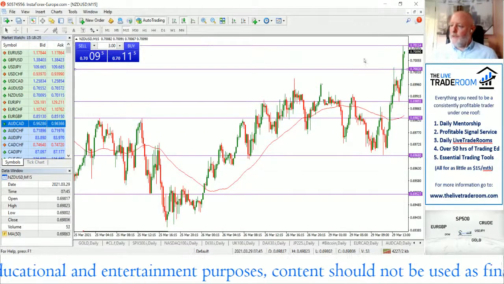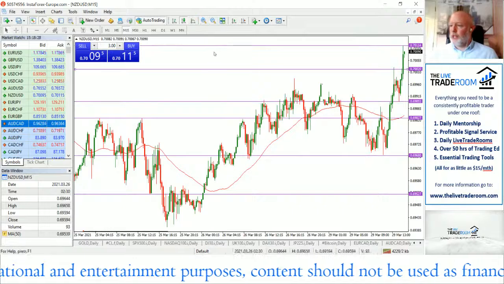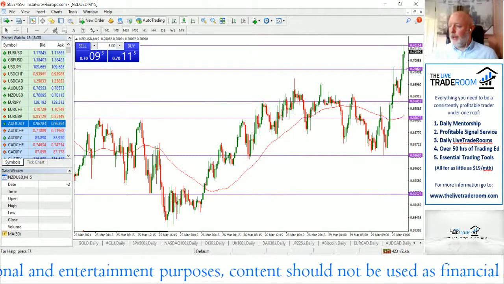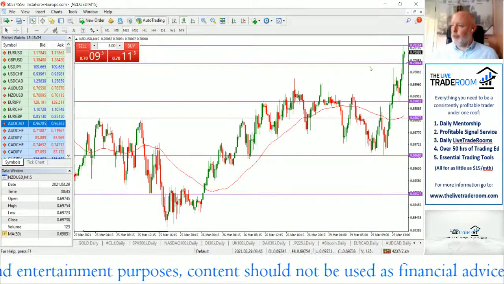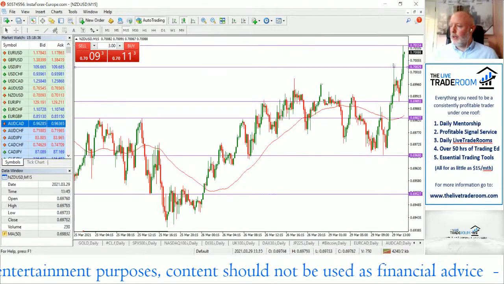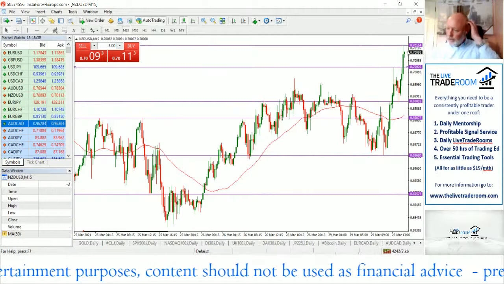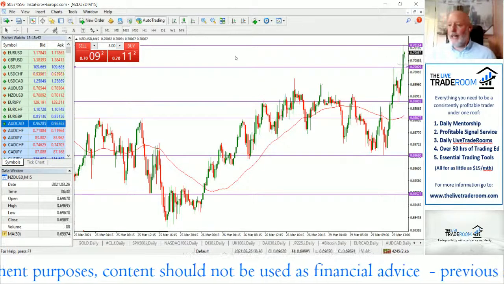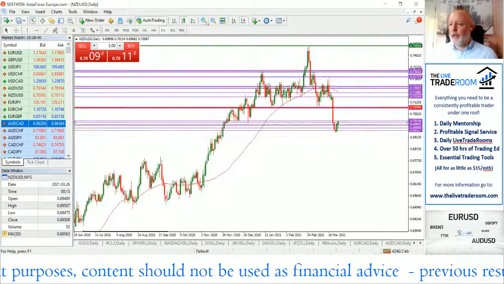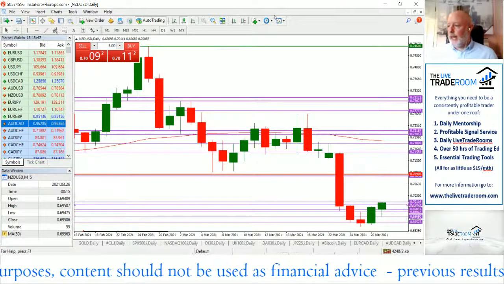Again, we talk about making sure that we stack the odds in our favor. We got the close above the important level, the 70. This is a very important psychological level in these markets. We close above that level, and now we're wanting to see the follow through above the 70.11. If that happens, then there is your trigger to get in.